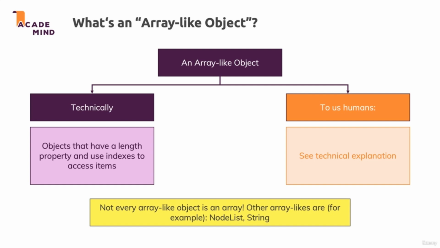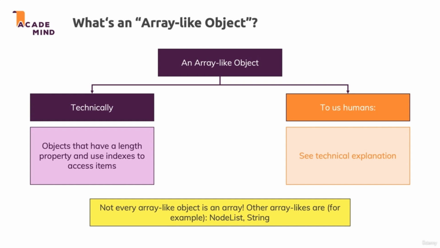We have array-like objects like NodeList and string. NodeLists and strings are objects that have a length, that have indexes, and where we can use for-of, and still they're not real arrays. Because, as you will learn in this module, real arrays have a couple of interesting behaviors and also a bunch of important methods available to them which do not exist on these array-like or iterable objects.